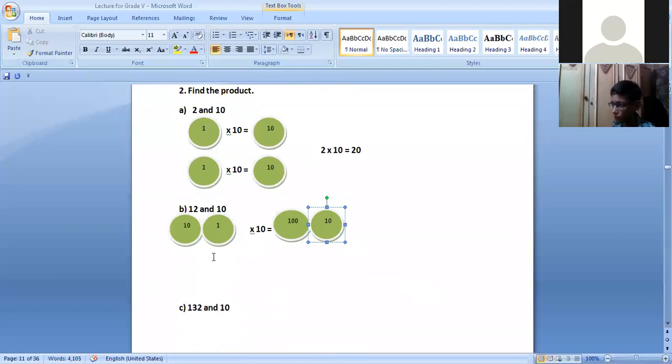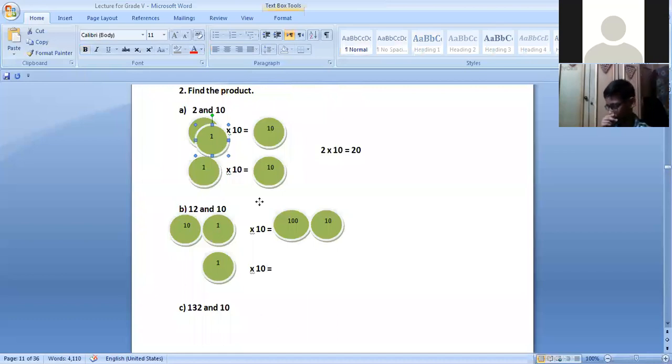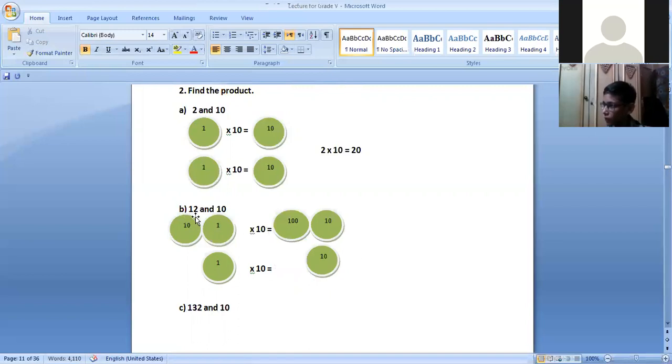Okay, now next step we have two disks of number 2. Here we will write and then multiply by 10 again. The answer will be 10. Here you can see on the screen. Okay, it becomes 10. What you have to do when you use the disk is very easy.